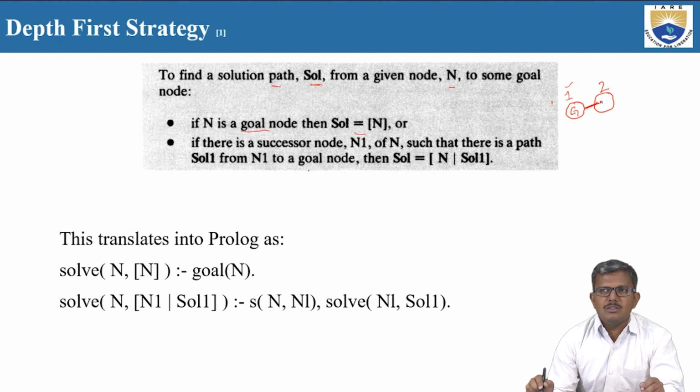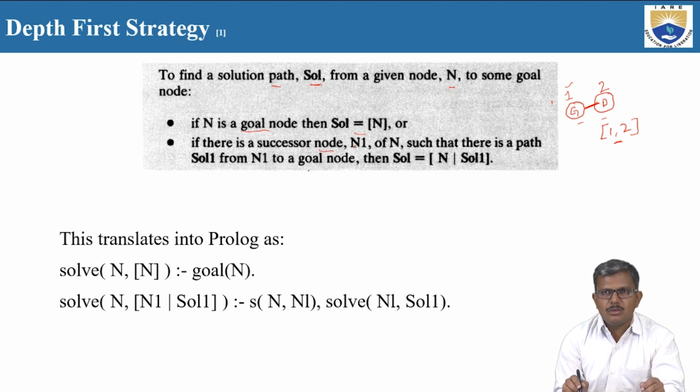If this 2 is your desired state, then your list is going to have 1 comma 2. So this 1 comma 2 is going to give you the path showing a direction moving from the given state to the desired state.